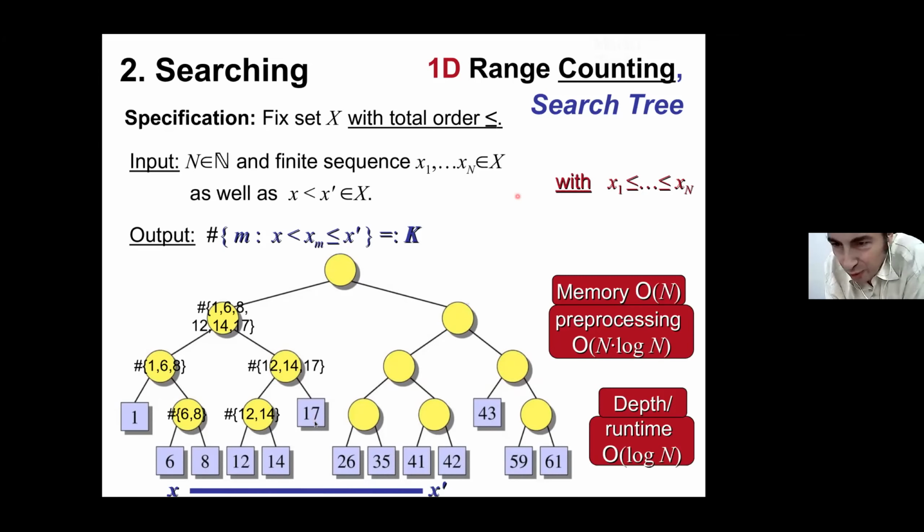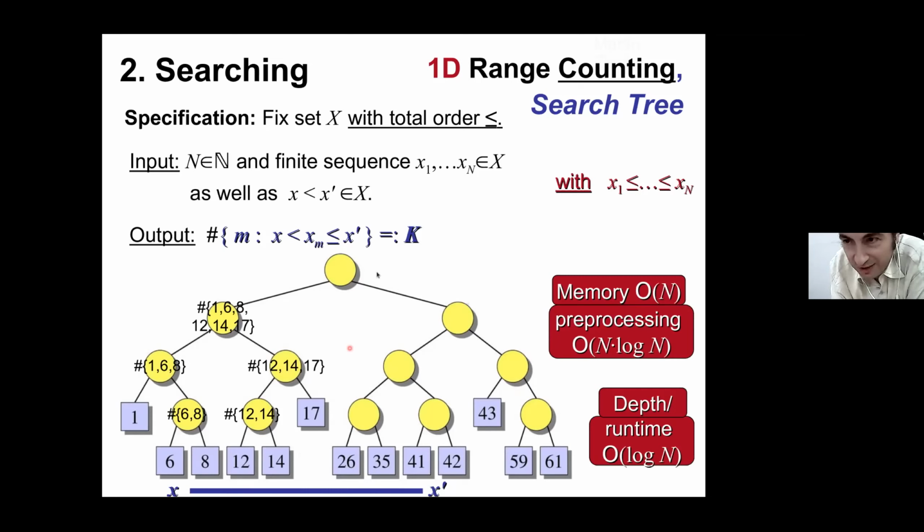When you want to count, it is enough to store here the number of elements and the minimal and maximal elements. Then there is an algorithm whenever you're given x and x prime to descend for x and for x prime into this tree to find where x and x prime are, and then you add the elements corresponding to the nodes whose leaves are all within x and x prime.